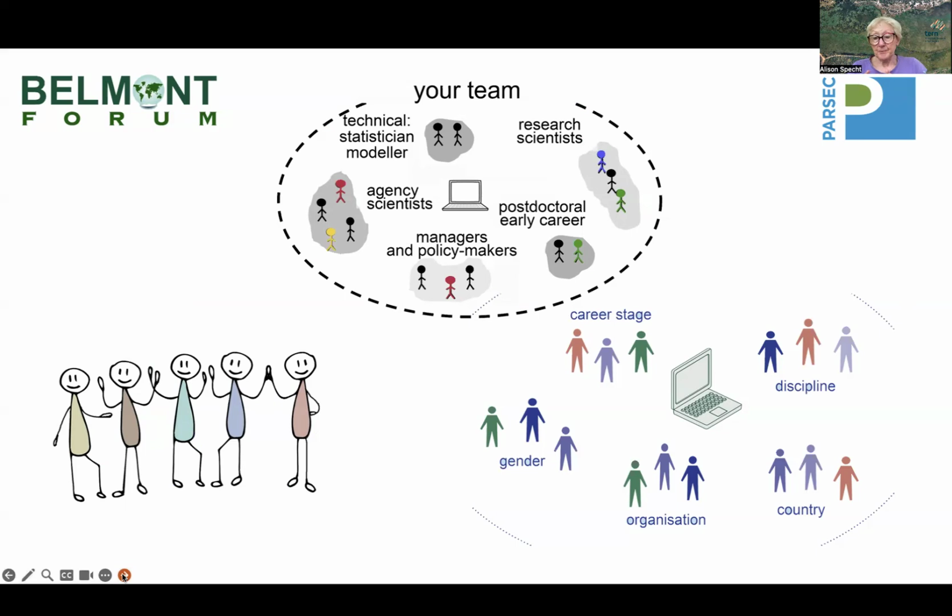It may be skill set diversity and experiential diversity, which is shown in the upper circle here. Or it could be a more demographic diversity shown in the bottom circle.